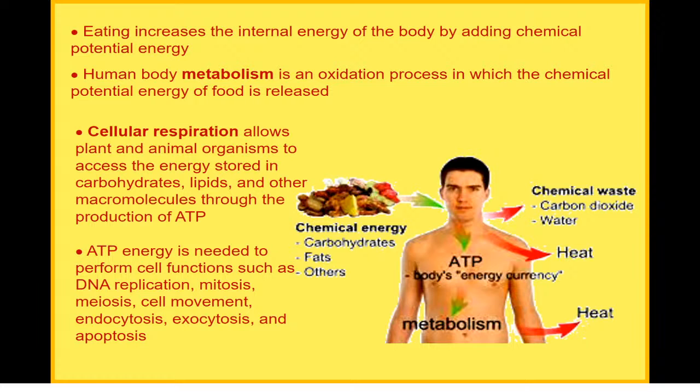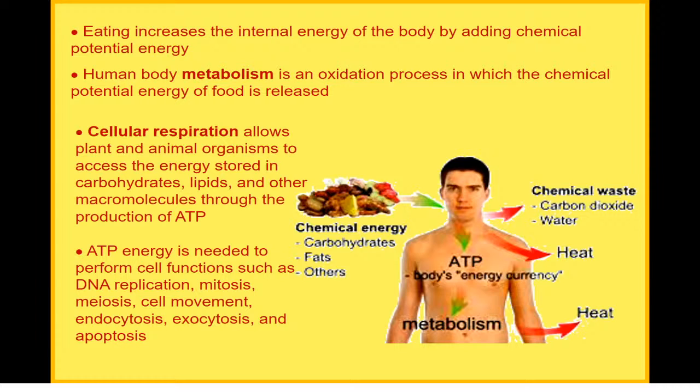Eating increases the internal energy of the body by adding chemical potential energy. Look, we obtain energy from the surroundings in chemical form. Human body metabolism is an oxidation process in which the chemical potential energy of food is released.